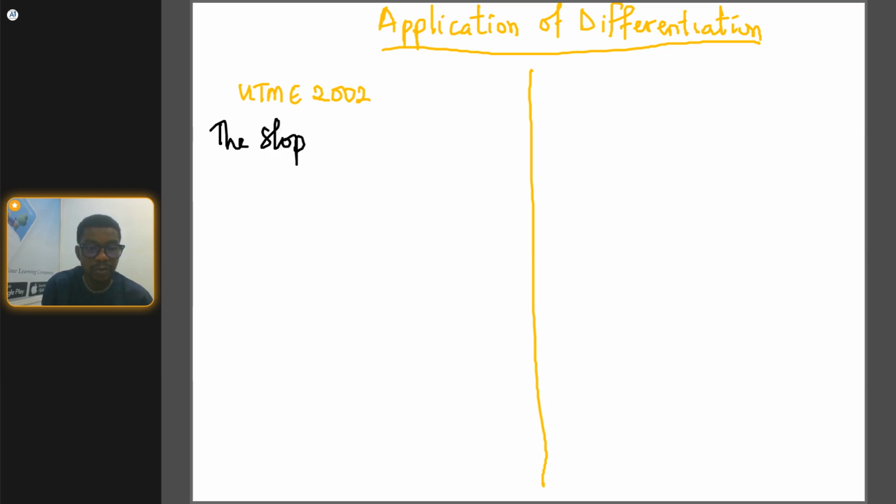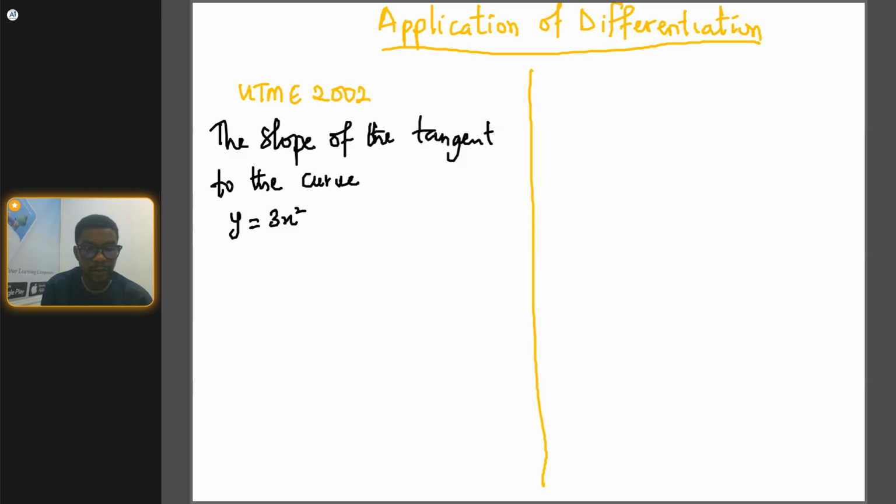The slope of the tangent to the curve y equals 3x squared minus 2x plus 5 is dash.